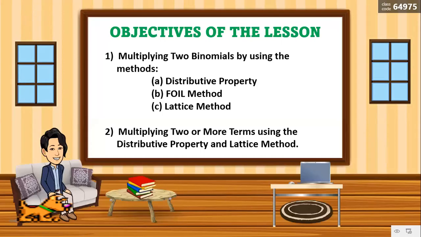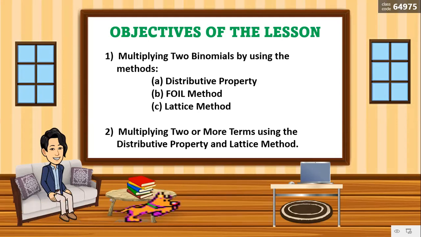Okay? So with that, let's have our lesson today. Our objectives, can you read number 1? Yes, Lance Dominic. Multiplying two binomials by using the methods: A, distributive property; B, FOIL method; C, lattice method. 2, multiplying two or more terms using the distributive property and lattice method.